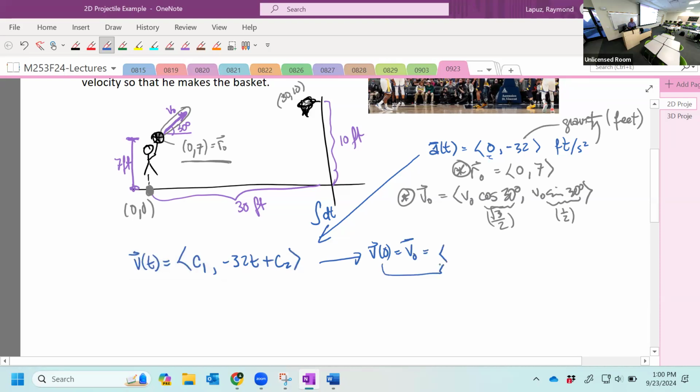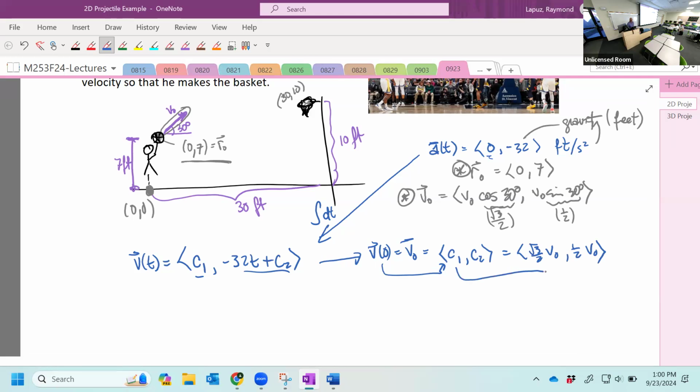And this vector, when t is equal to 0, is going to be C1 comma 0 plus C2. And our initial velocity is the unknown v naught times root 3 over 2 and 1/2 v naught. So C1 and C2 must be equal to root 3 over 2 v naught and 1/2 v naught.